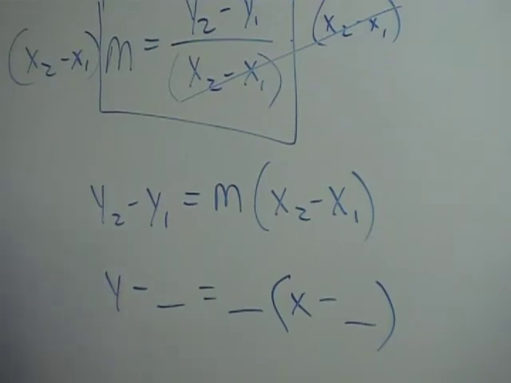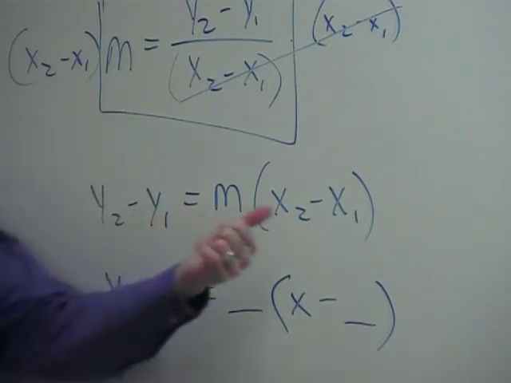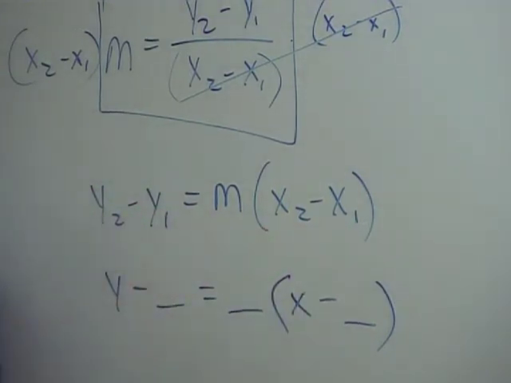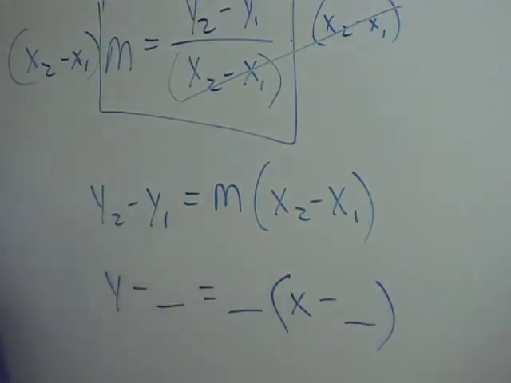We're going to go through some examples so it makes sense to you. So really we're just filling in these blanks. All I need for point slope form is one point, x sub 1, y sub 1, one coordinate, and the slope. That's all I need to write it in point slope form.